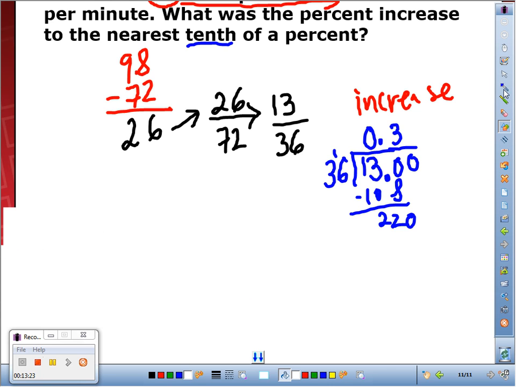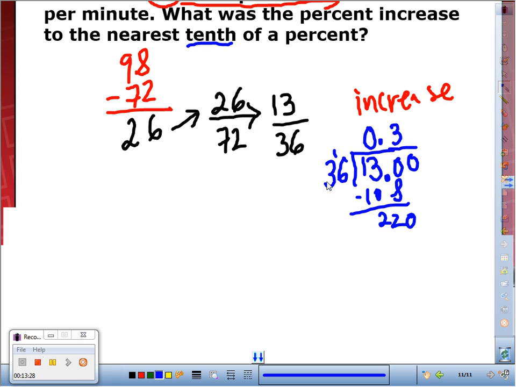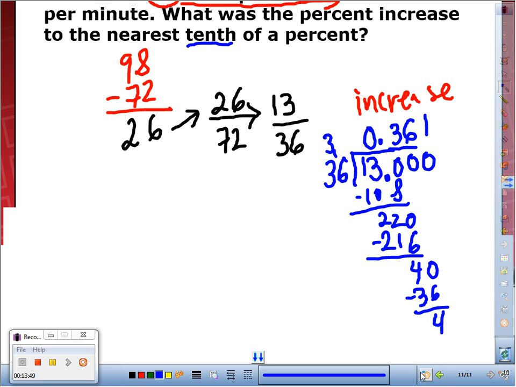Let's see. 36 into 220. What do you think? Okay, let's try 6. 6 times 6, that's 36. We got 3. 18, 19, 20, 21. That's a 4. Add one more 0. If it's in there one time, and it looks like it's going to repeat again, right? So this will be 1, 1 repeating, okay?